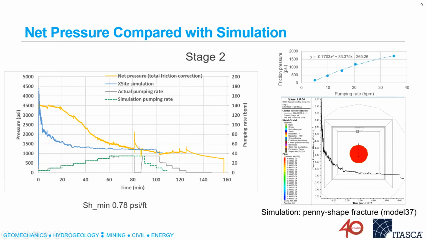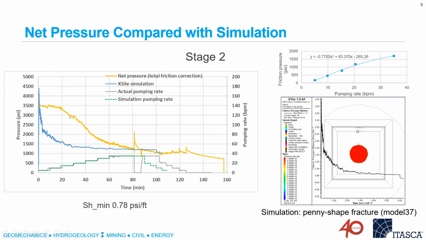So one reason is that you correct the net pressure based on the step down data, but this may not apply to the beginning, because at the beginning you may have fewer perforation holes taking fluid, and at later time, you have more perforation holes taking fluid.